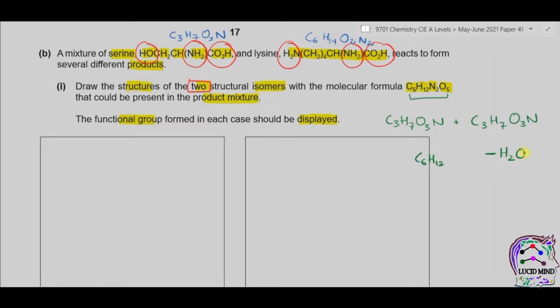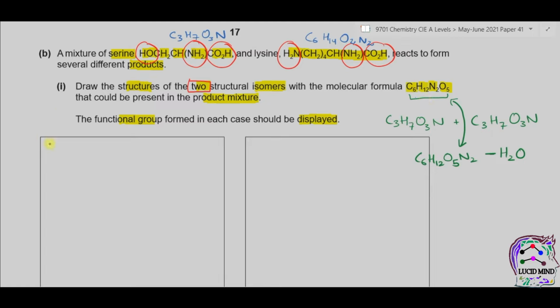Oxygen should be 6, but 1 is removed, so it is 5, and nitrogen are 2. As we can see that this is similar to this one, so it means 2 serine molecules should be involved in formation of this one, and we can draw the 2 structural isomers.